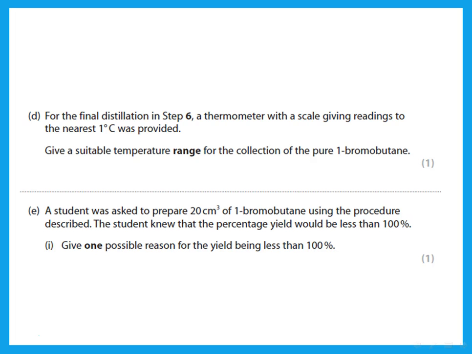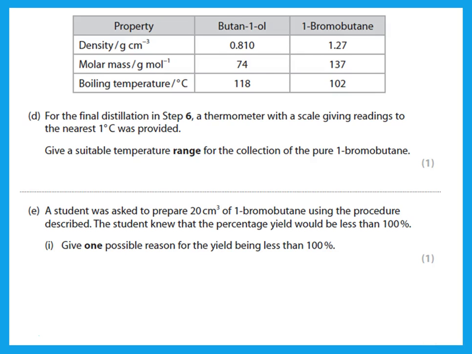For the final distillation in step 6, a thermometer with a scale giving readings to the nearest 1 degree Celsius was provided. Give a suitable temperature range for the collection of the pure 1-bromobutane. Now, if we look at the table that he gave us, he said the boiling temperature of 1-bromobutane is 102 and the butanol is 118. Now, I want to collect only 1-bromobutane.